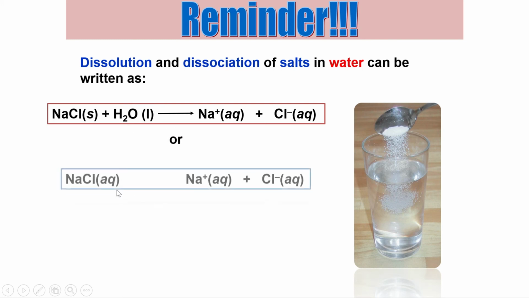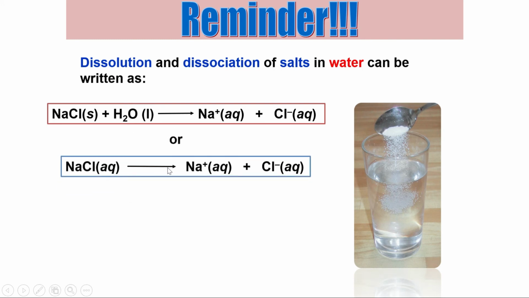And if the salt is already aqueous, just write down NaCl aqueous dissociates into its anion and cation. Please look at the state of the salt given. If it is in solid state, it cannot dissociate into its ions. You must dissolve it in water first.